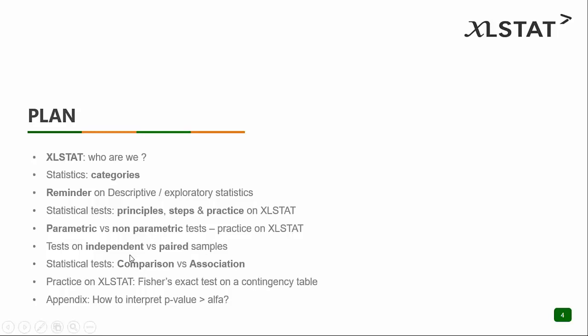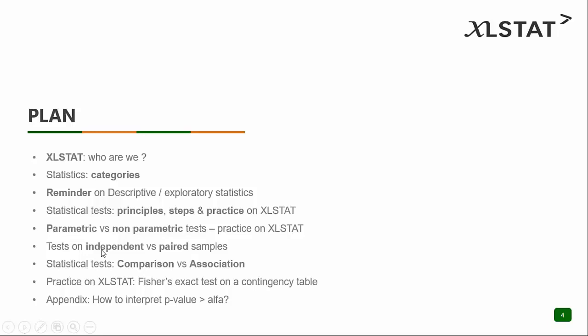Then I will talk about three topics of opposing ideas in the world of statistical testing. I'll first talk about parametric versus non-parametric tests: what is a parametric test and what is a non-parametric test, and what is the advantage of one compared to the other.